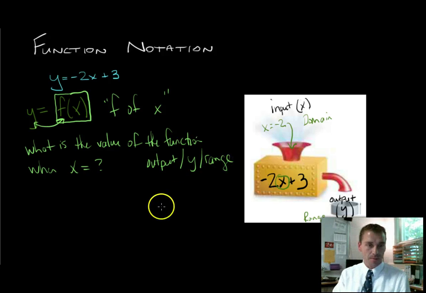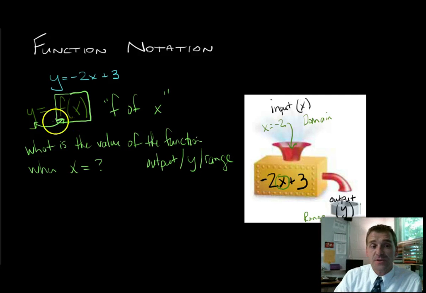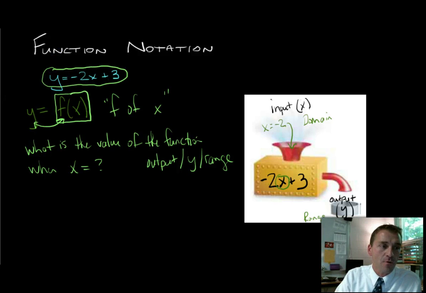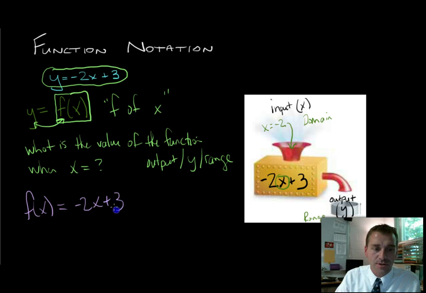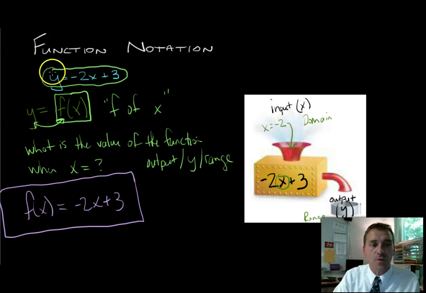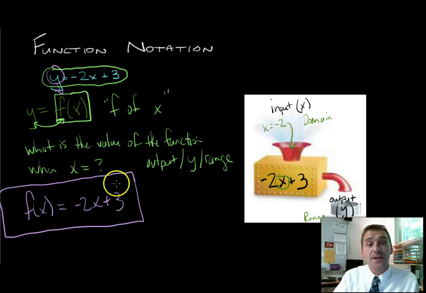I've said aka enough. So that's what it's asking you. What is the value of this function when I input, domain, input something? So you can rewrite this in function notation. You can write f of x and my rule 2x plus 3. So that is function notation right there, where you're just rewriting this equation and replacing the y with f of x.